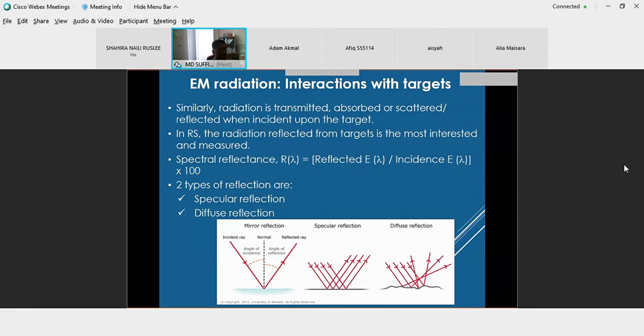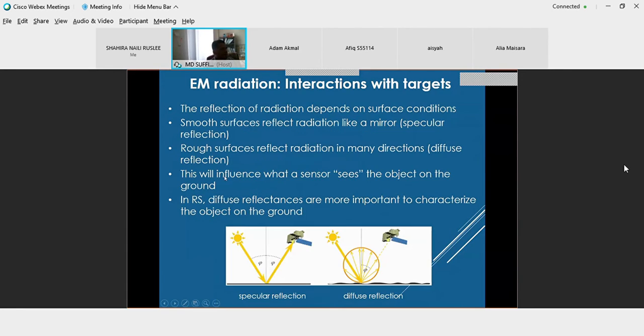Because of what? Because of the ratio between reflected and incident radiation. The reflection of radiation depend on surface condition. Kita kata tadi, dia bergantung kepada surface condition. Kalau smooth surface, it will reflect like a mirror, yang kita panggil sebagai specular reflection.